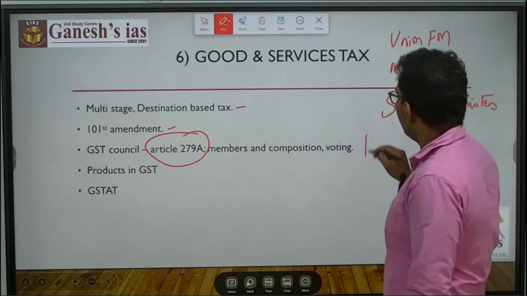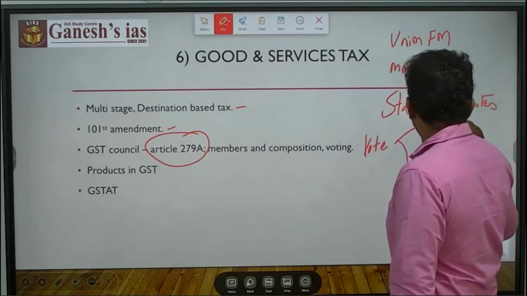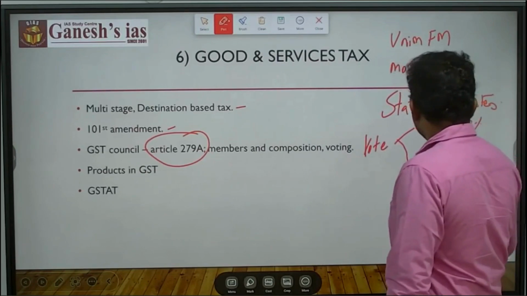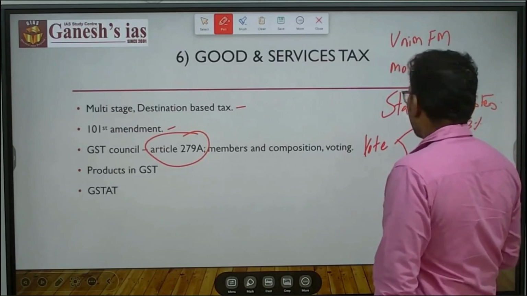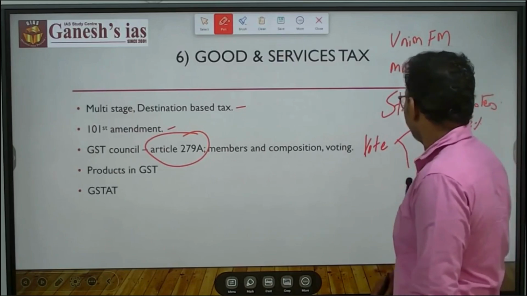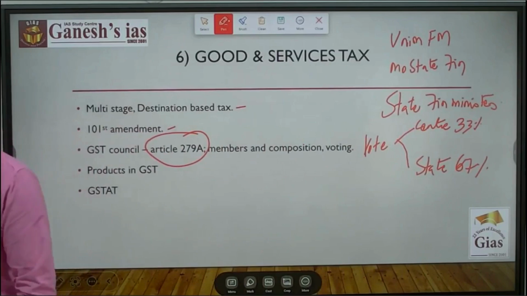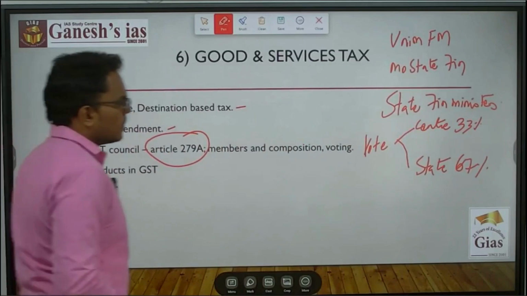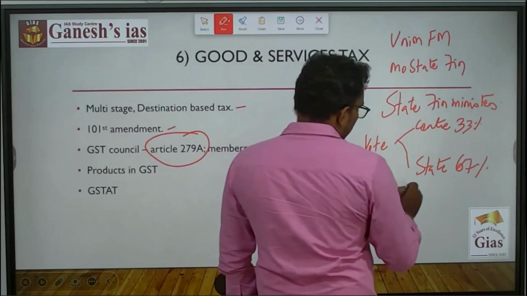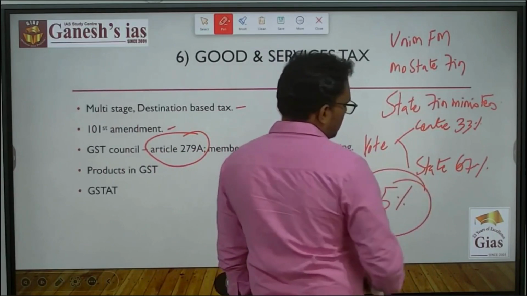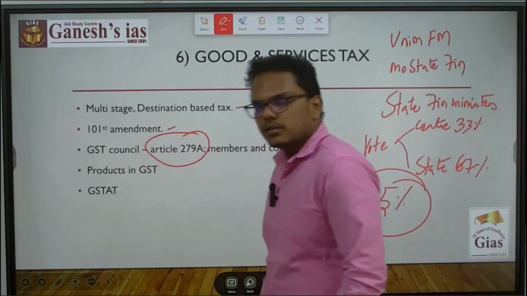And your voting share is: the center has 33% vote share, and the states have 67% vote share. And for any resolution to be passed, you need at least 75% vote, which means your union government has a virtual veto in the GST Council.